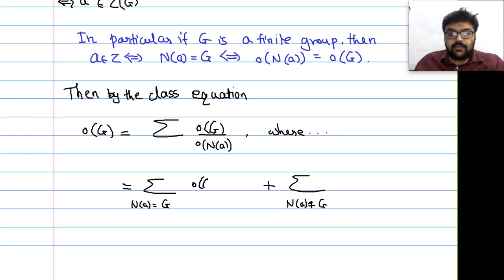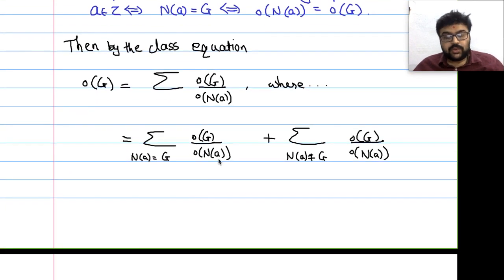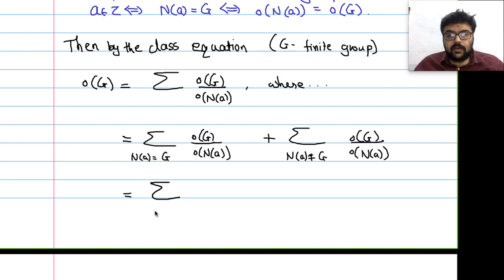So we have order of G upon order of N(A) here, and also here, the same sum divided into two parts, when N(A) equals G and when N(A) is not equal to G. When N(A) equals G, this is 1 if G is a finite group, so consider G finite, then this term will be 1, right?